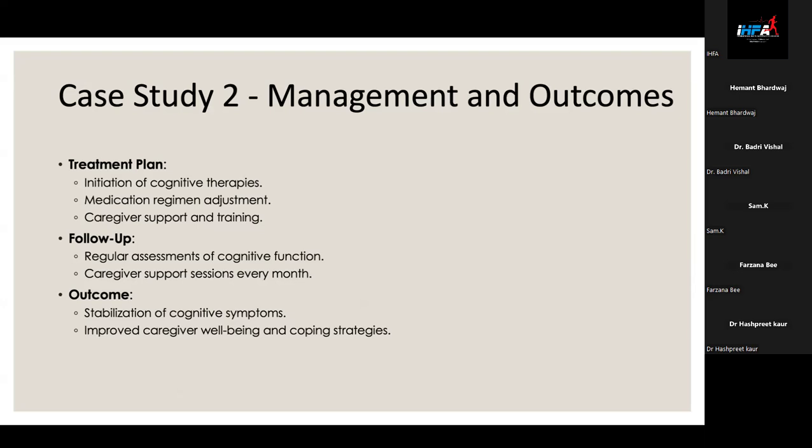It's easier for caregivers to get support within their own community and understand the challenges that the others faced and how they overcame them. So that is the best part of those caregiver support sessions every month or every fortnight. The outcome was stabilization of the cognitive symptoms and improved caregiver well-being and coping strategies.